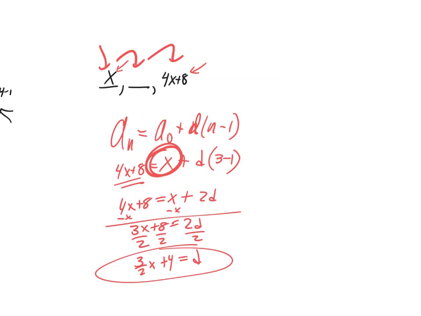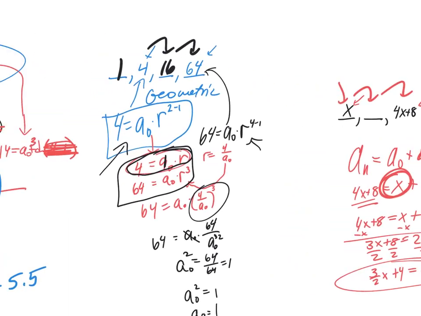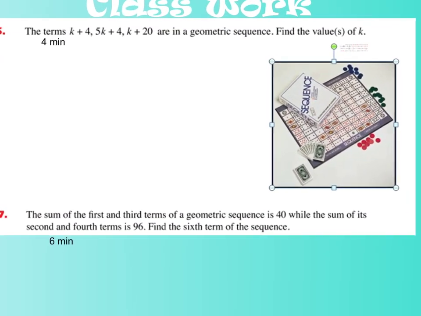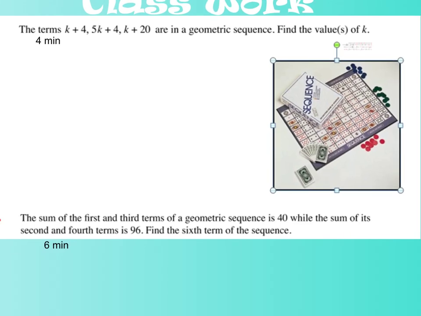All right, so we're finally ready. That I think you could actually do this one. It still comes out strange. In the end, they want to know the values of k. Trust the system that we just learned.